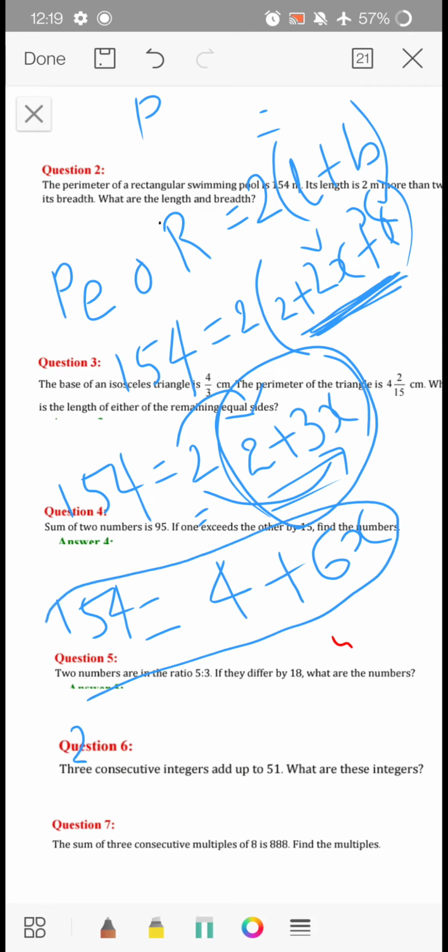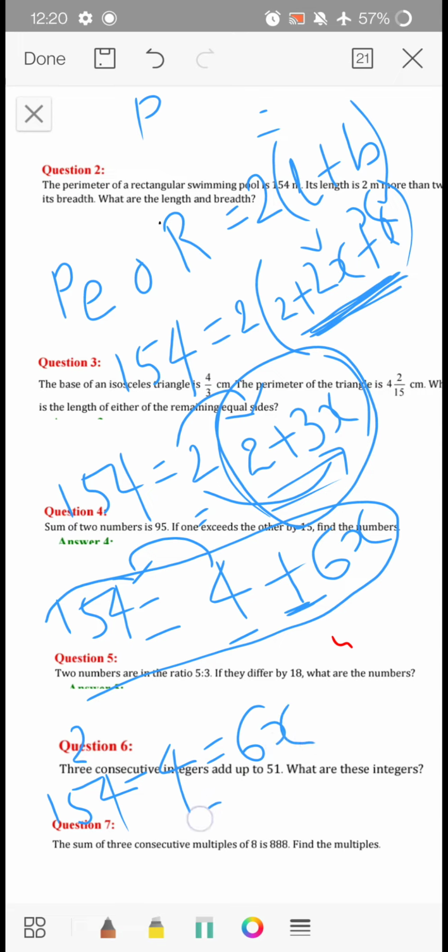Now let's solve this equation and we'll get the value of x. This 4 and 6x are in addition. If you transpose 4, it will be in subtraction, because this 4 is positive. 154 minus 4 is 150. So 6x is equal to 150.